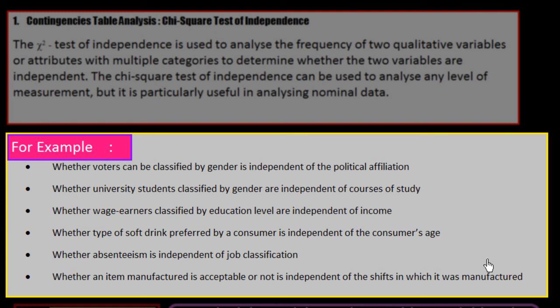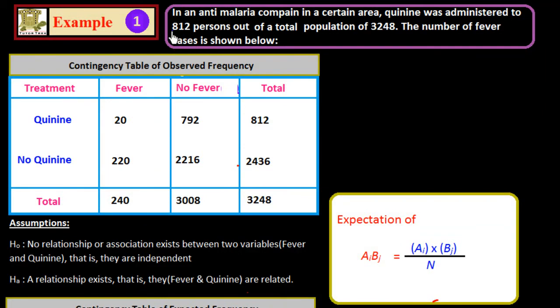We will take one tutor example for better understanding of this chi-square test. In an anti-malaria campaign in a certain area, quinine was administered to 812 persons out of a total population of 3,248. The number of fever cases is shown below. So look at here, the contingency table of observed frequency is already given to us.